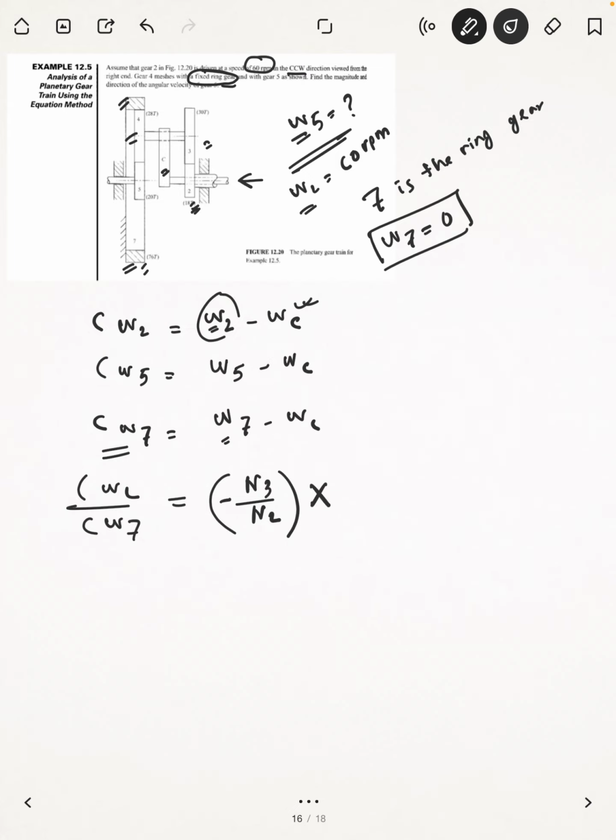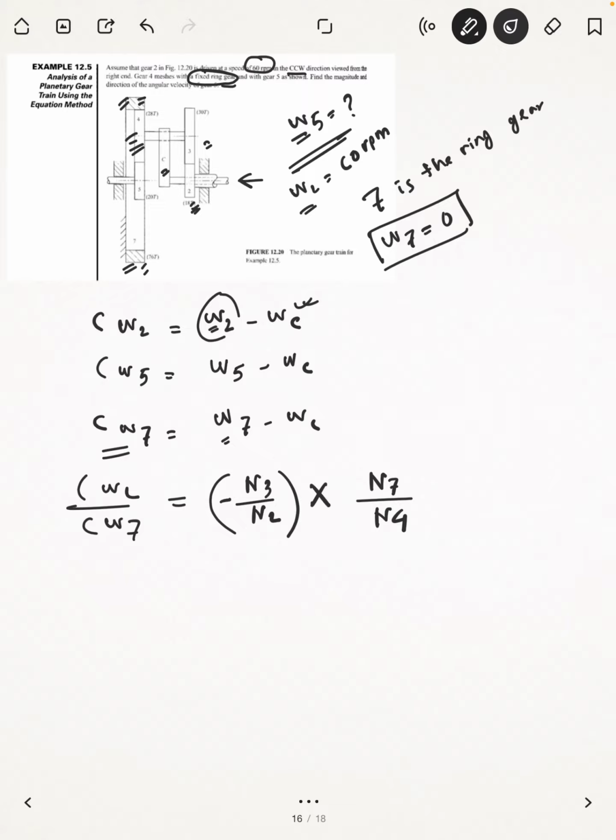Then gear 4, a planet gear, is going to rotate internally in this ring gear. So how can I write? N7 divided by N4.